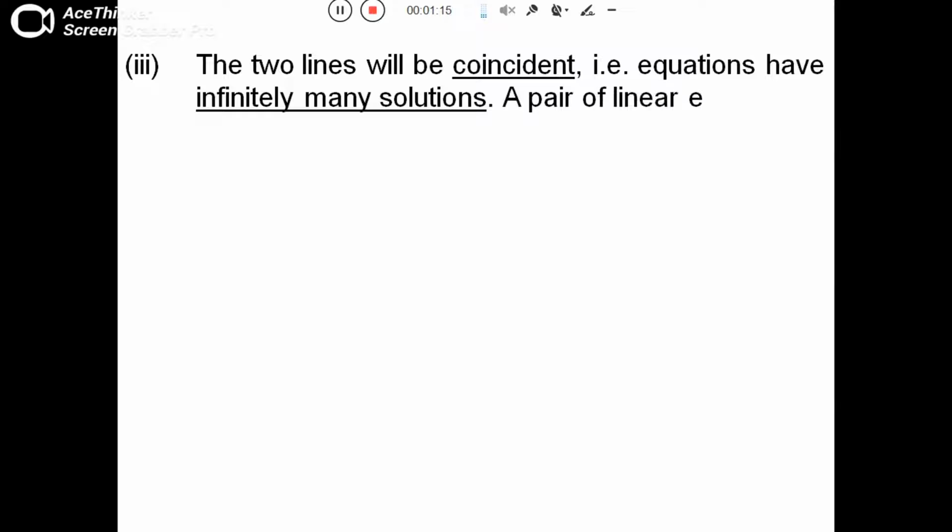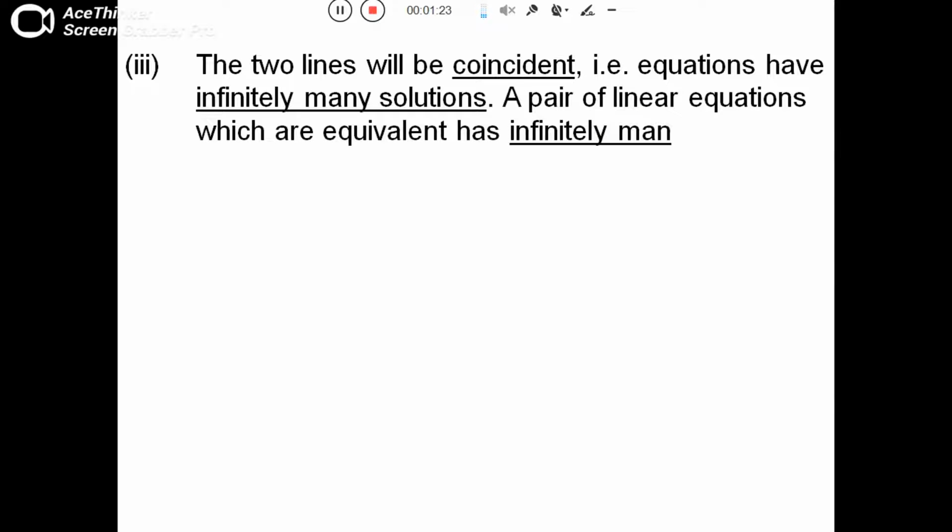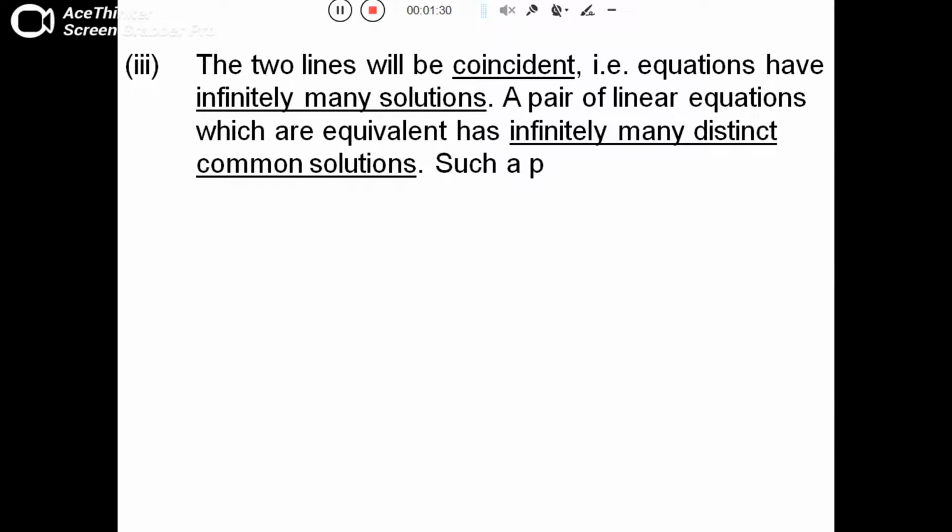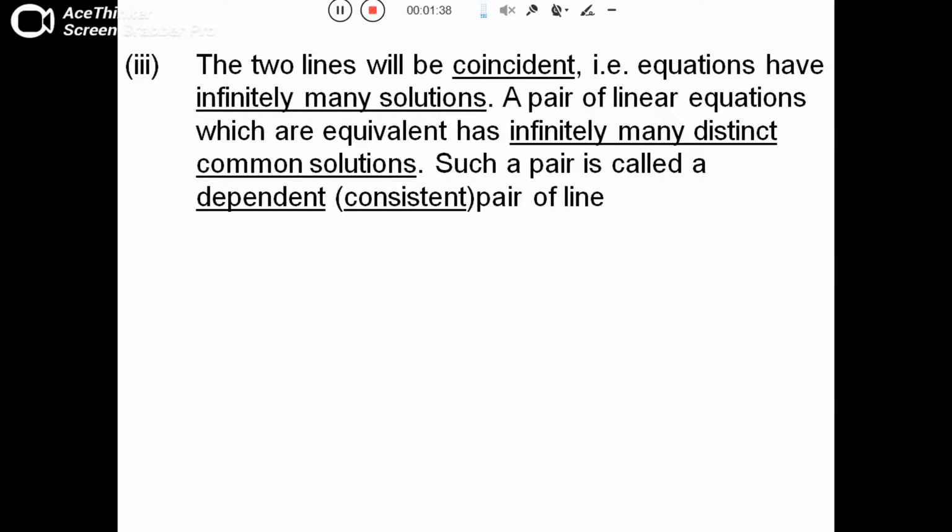It means a pair of linear equations which are equivalent has infinitely many distinct common solutions. Such a pair of linear equations is called a dependent and consistent pair of linear equations. So here also, when you are getting the solutions, the pair of equations is called consistent.